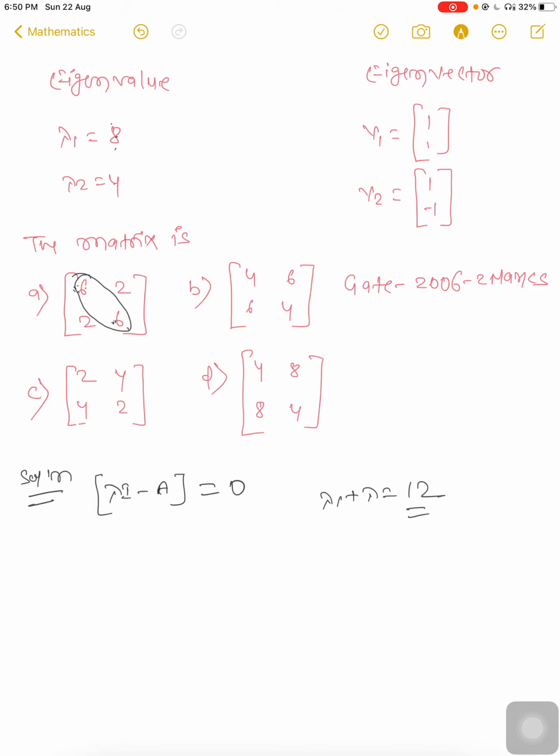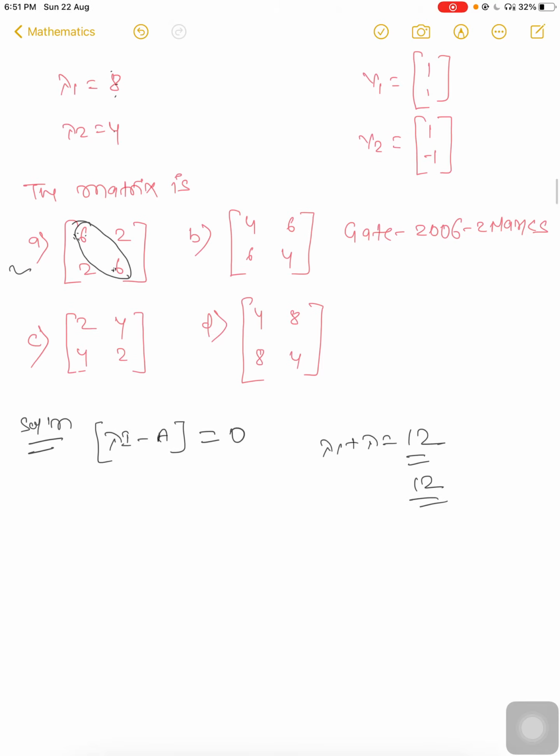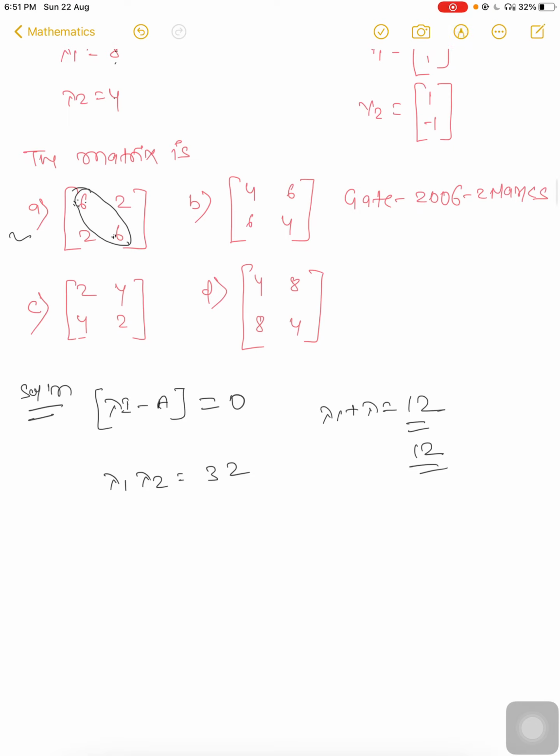So the diagonal sum of this one is 12. So the possible answer is option A. Another thing is the multiplication of eigenvalues should be equal to the determinant of the matrix. So determinant of this matrix will be 36 minus 4, it will be 32. So this one is the right option.